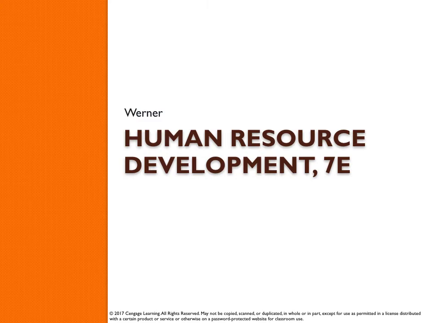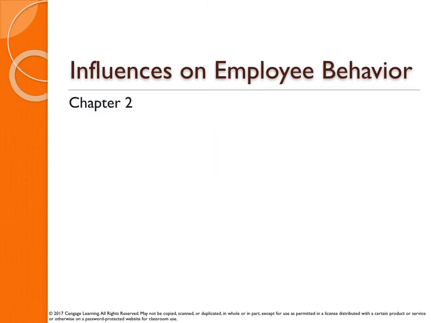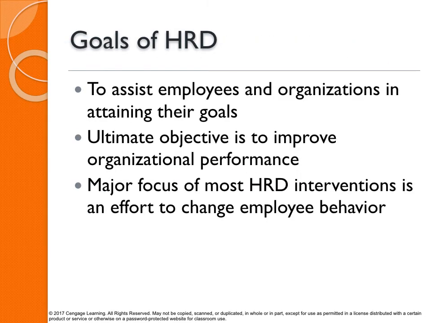Now, let's go through the next chapter here. We already talked about some of the goals of HRD: to assist employees and organizations in attaining their goals. The ultimate objective is to improve organizational performance. And so the major focus of HRD interventions is an effort to change employee behavior.